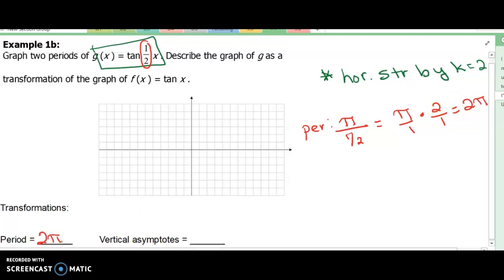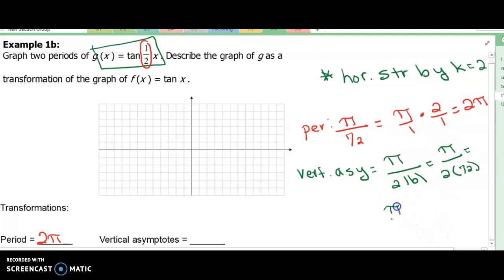That means there's 2 pi between each of the asymptotes. Now to find my vertical asymptotes, this is going to be pi over 2 absolute value of b, which is pi over 2 times 1/2, which is pi over 1, which is just pi.